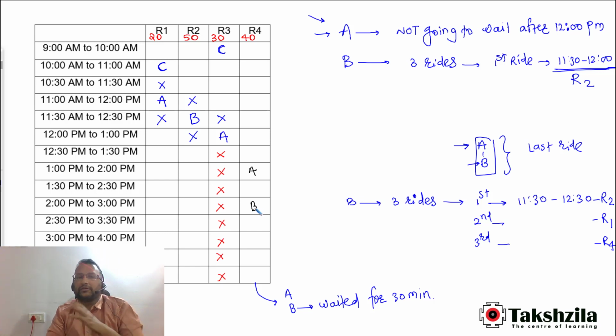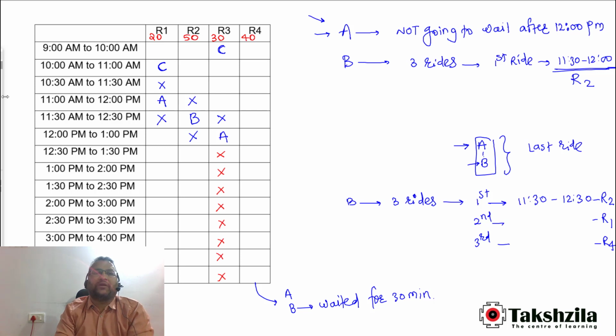B waited for 30 minutes, means B arrived at the gate at 1:30. B took a 1 hour coffee break, means 12:30 to 1:30 is a 1 hour coffee break. But this is the last ride. In that case, B will complete only 2 rides. So this is not possible. So let me delete this. B is supposed to complete 3 rides.